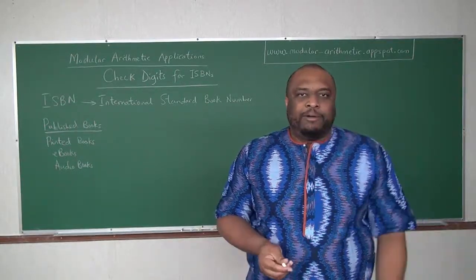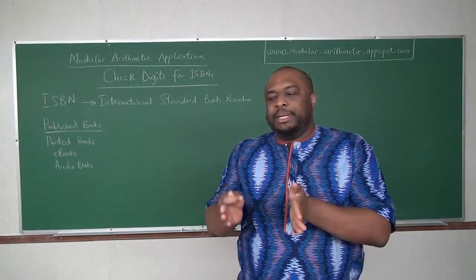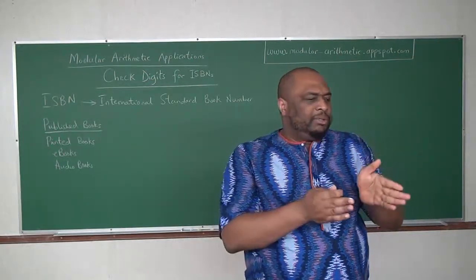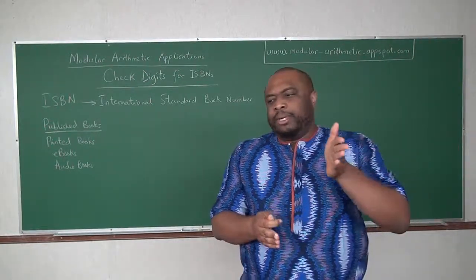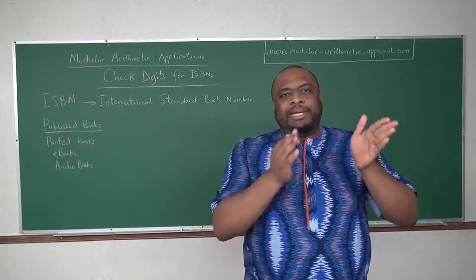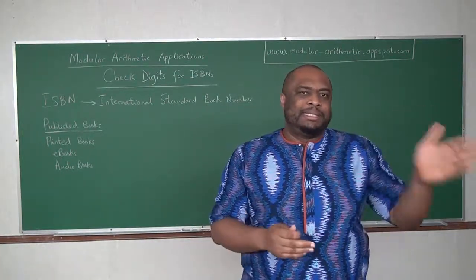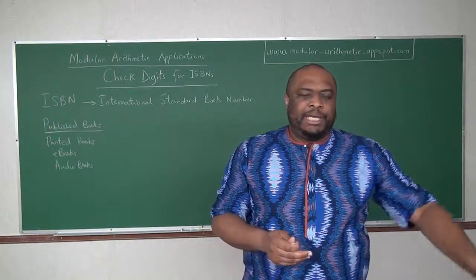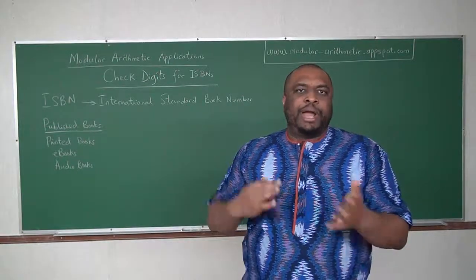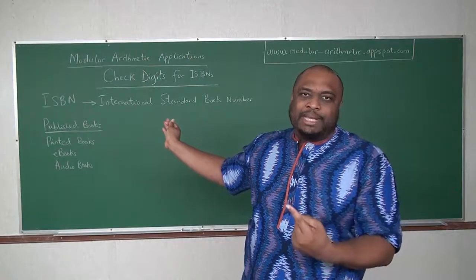For the tracking of books, for the classification of books in categories, when you go to the library and you want to read math books, or science books, or physics or biology, they classify those. So for the library uses of books, cataloging, classification by category, tracing and tracking of books is done best with ISBN.